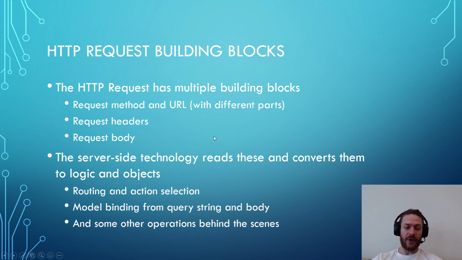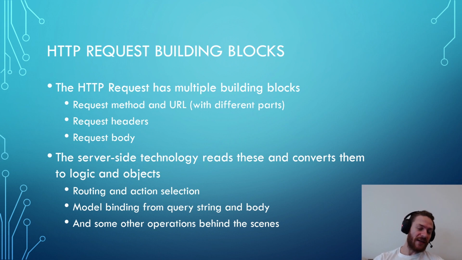So the URL is separated, and the server-side technology routes to a method in a class in your solution based on the URL. Of course, you already know that. If you know routing, you know that. But the server also parses the headers, parses the body. So, for example, parsing the query string and the body is part of the so-called model binding.